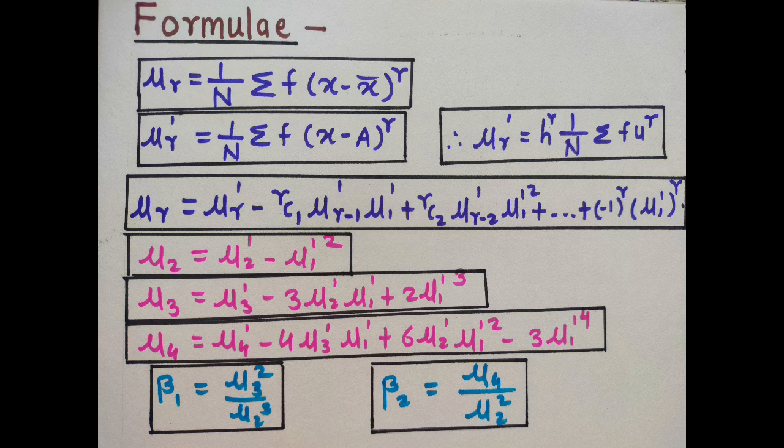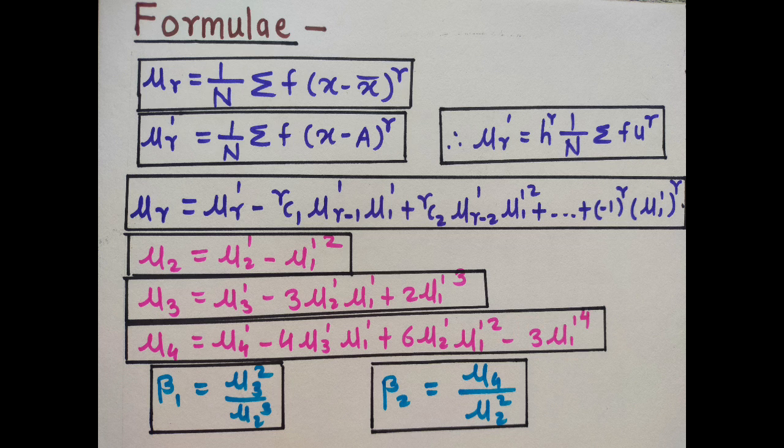If you put r is equal to 3 in the above equation, then we get mu 3 is equal to mu 3 dash minus 3 mu 2 dash into mu 1 dash plus 2 mu 1 dash cube. If we put r is equal to 4, then we will get mu 4 is equal to mu 4 dash minus 4 mu 3 dash into mu 1 dash plus 6 mu 2 dash into mu 1 dash square minus 3 mu 1 dash raised to 4, where mu 2, mu 3 and mu 4 are the central moments.